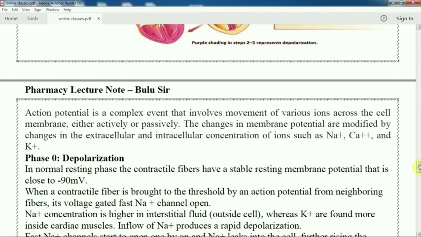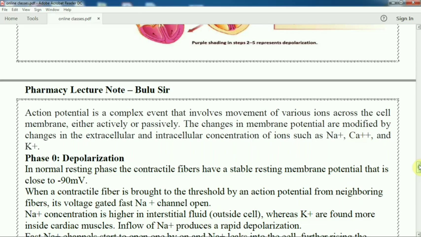The membrane potential changes as ions such as sodium, calcium and potassium move from extracellular to intracellular or intracellular to extracellular, so that the impulse can be transmitted from one point to another.